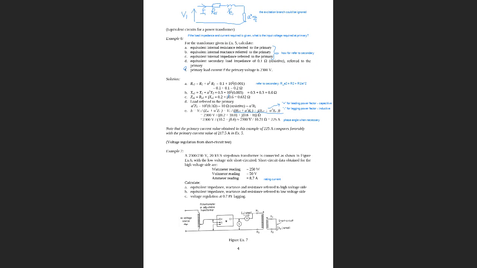This is a small portion of rating. 50 volts over 2300 volts equals what? Okay, very small, right? So this is 5 over 230, that is less than 4%, about 4%.